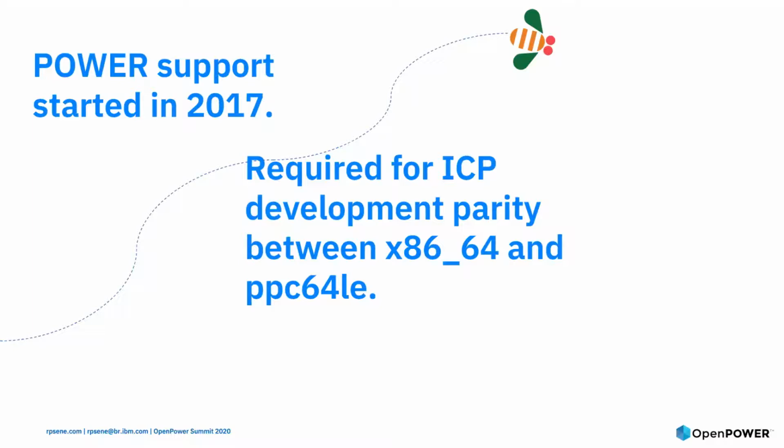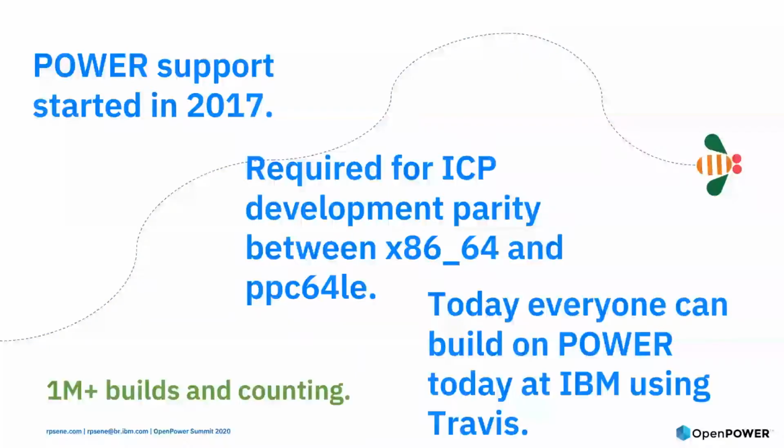So since then, we have worked to enable this service internally at IBM. And today, any developer that starts using GitHub Enterprise can start building using Travis Enterprise and build on Power. We have more than 1 million builds already since then. And we continue increasing this number because we see new projects adopting Travis on Power internally, people using Travis on Power to build the kernel, creating CI/CD for kernel development.